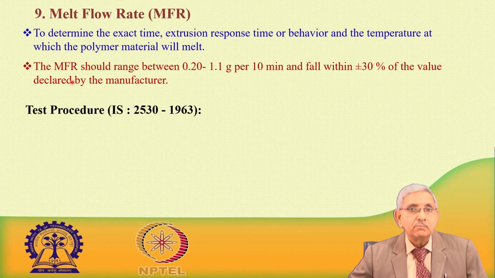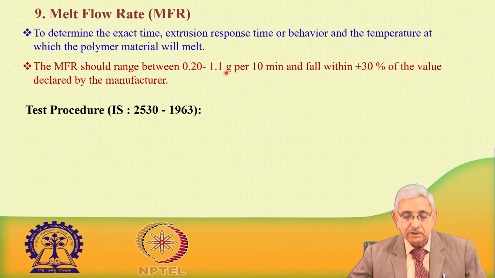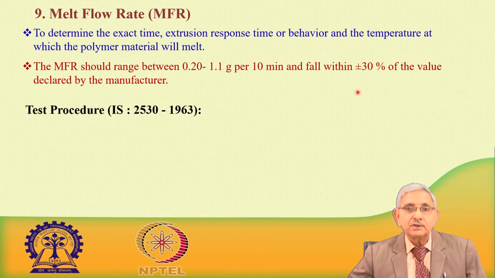The melt flow rate should be in the range of 0.2 to 1.1 gram per 10 minutes and fall within plus or minus 30% of the value declared by the manufacturer.